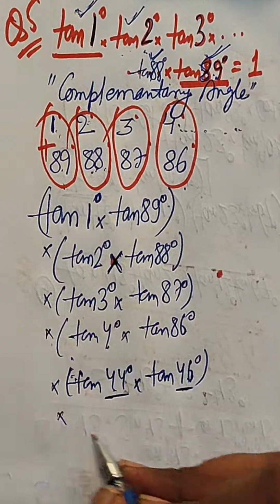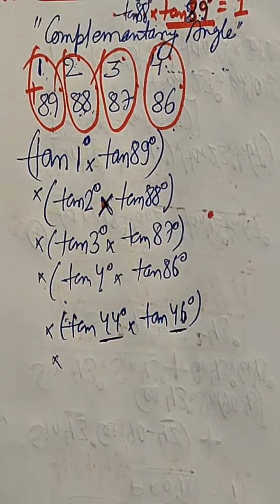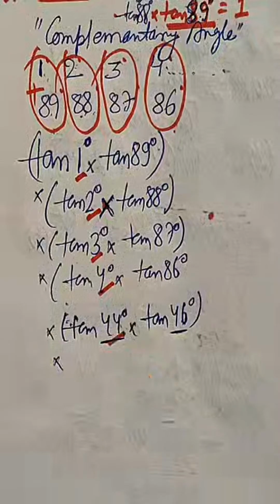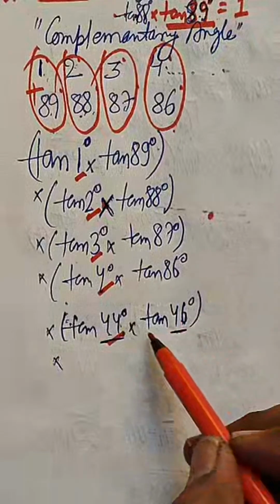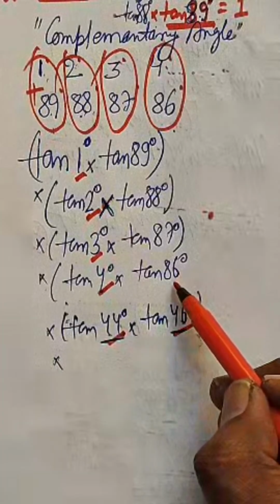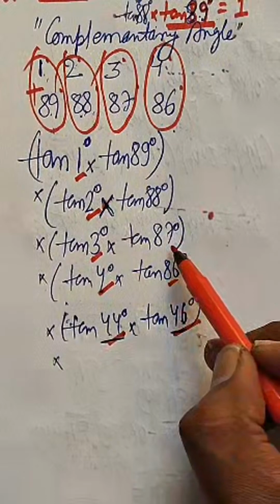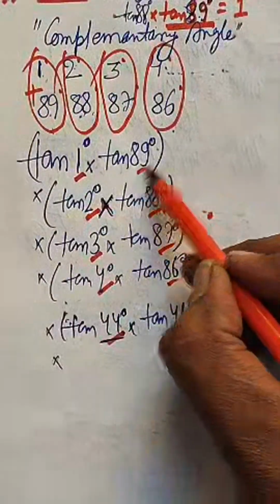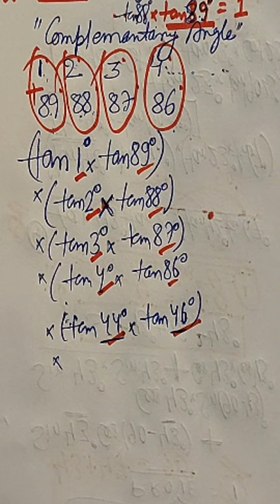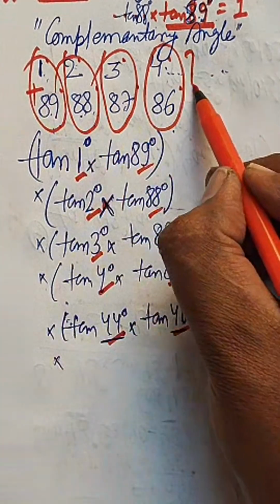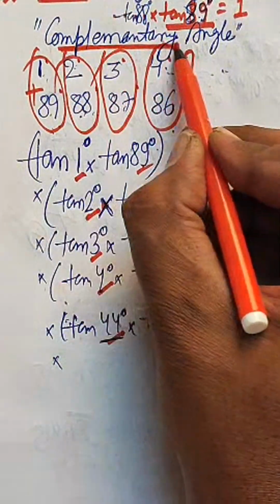Then one angle is left in between. From here you can see we covered 1, 2, 3, up to 44, and after 45 we cover from 46, 47, 48, till 80, 81, 82, 83, 84, 85, 86, 87, 88, 89, right? So you can see all these pairs, 1 and 89 and so on, are complementary.